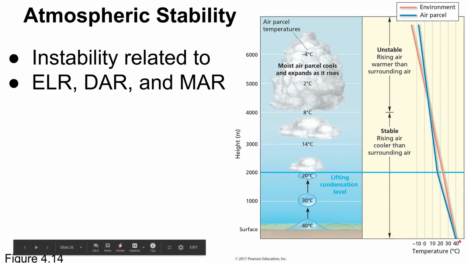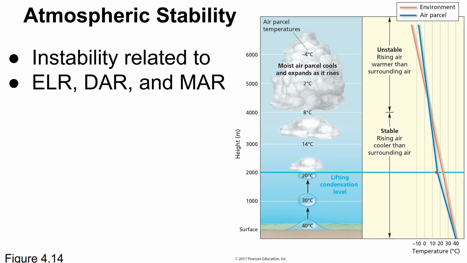Our parcel starts to cool at the dry rate. So as it rises and cools 2 kilometers, it's going to cool down to 20 degrees. The atmosphere around it has only cooled by 16 degrees, so the atmosphere is going to be 4 degrees warmer. We've hit the dew point temperature, we've hit the lifting condensation level, and now the parcel is going to start cooling at the moist rate.